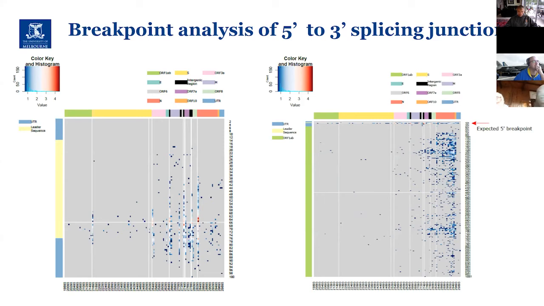And so we can now see some of these non-canonical splicing events, if you like, which extend further on the 5' end than just the leader sequence. And you see there's quite a number of those. And there's a number which seem to line up just directly in front of the ORF10 open reading frame as well. So those transcripts, in fact, would bring together part of the ORF1A material with the ORF10 material in the same read.